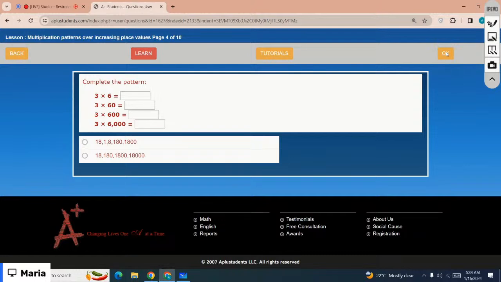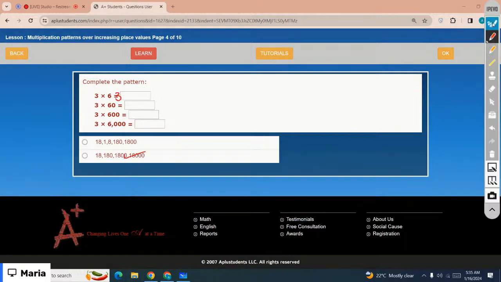Option 1 or option 2? 3 times 6 is 18. So you have then 30 times 6. So 3 times 6 is 18. You need to add a 0. So that is 180. Then you have 600 times 3.